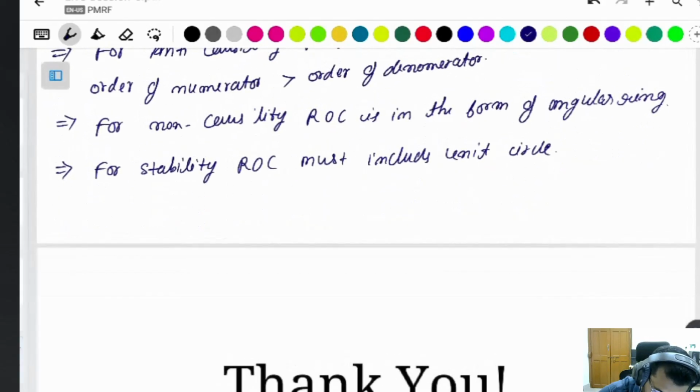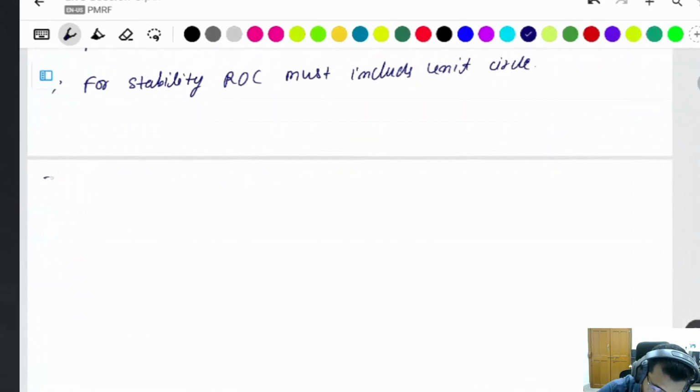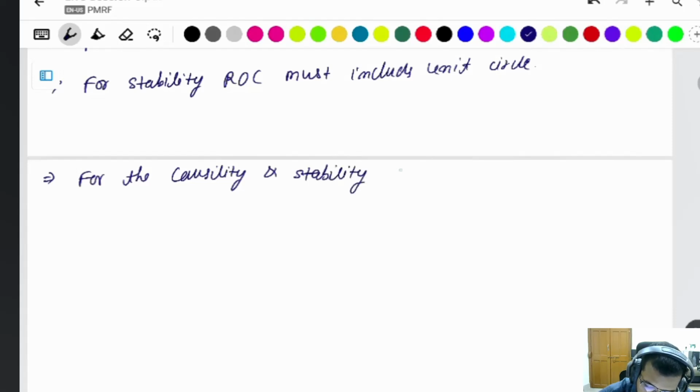Okay. For causality and stability both, all the poles must be inside the unit circle.